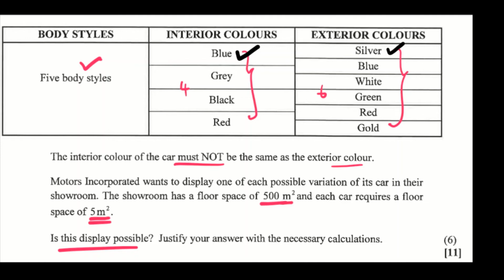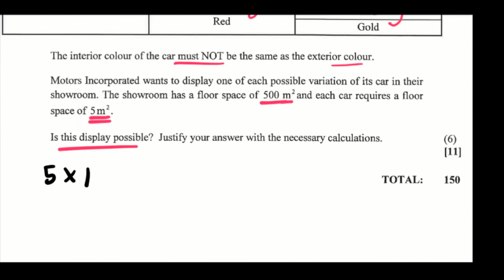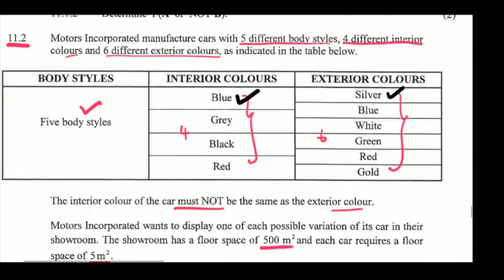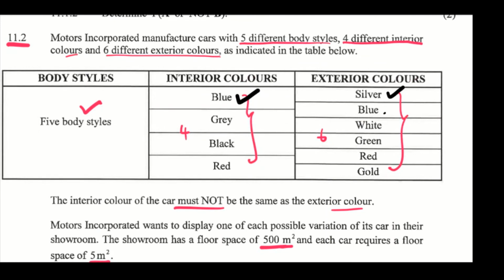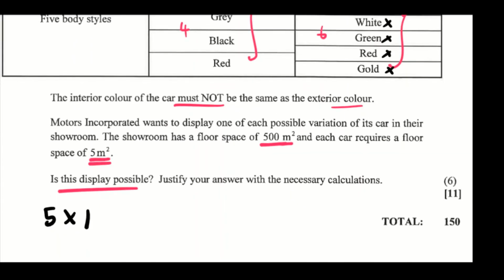And when we choose silver, how many colors do we have left? We have 1, 2, 3, 4, 5. So there are only 5 colors left, right? So that is the first option.